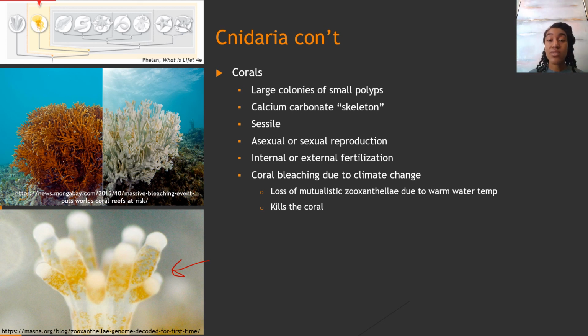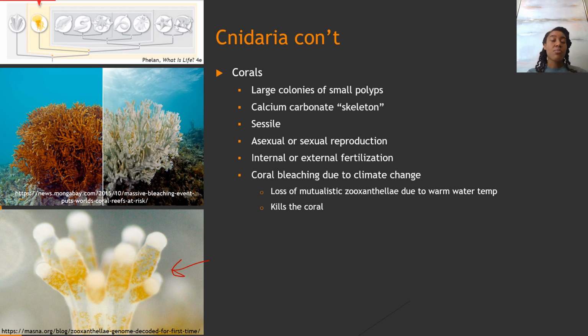Corals are sessile, so they're formed and they don't move, and that is partly because their calcium carbonate skeleton is not living. It's just a hardened mineralized structure that is attached to a substrate. They can reproduce sexually or asexually, and they can undergo internal or external fertilization depending on the species and the conditions.